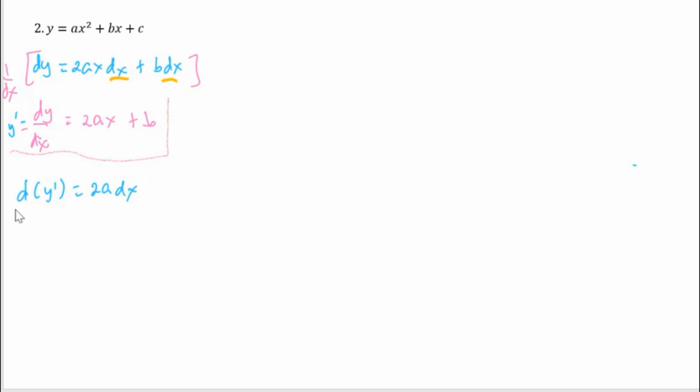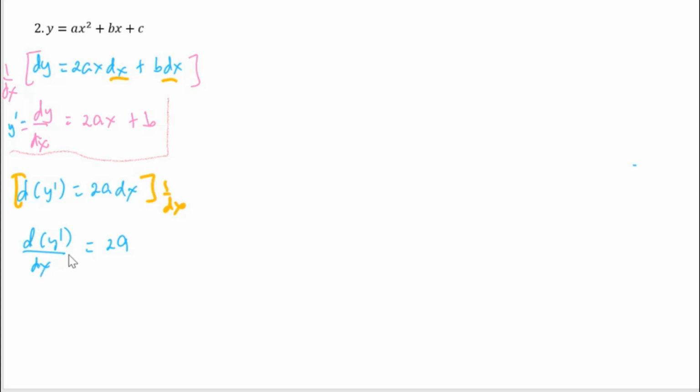Again, if I divide the entire equation by dx, or multiply by 1 over dx, we can write d of y prime over dx equal to 2a, because dx times 1 over dx, the dx will be cancelled.